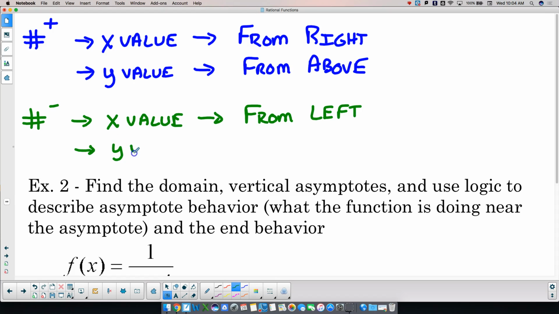And if it's a y value, we're talking about from below. We need that in end and asymptotal behavior, because we need to talk about where it's coming from, where the function is going. Okay?